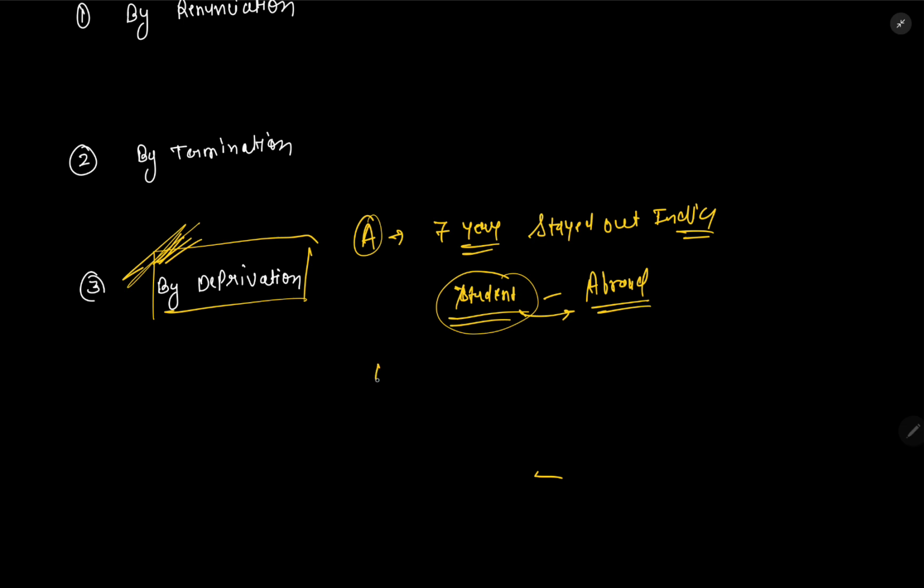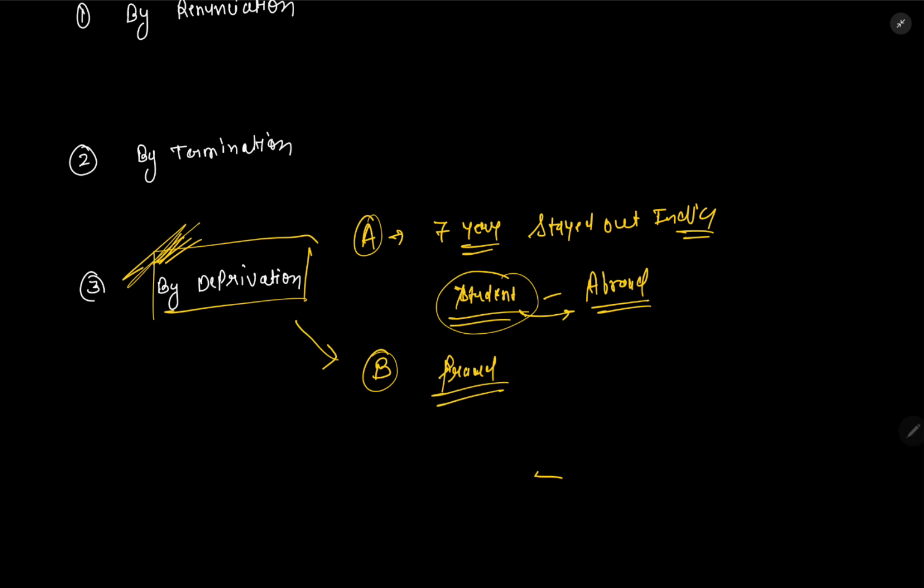Clear? Now there's a point B here: compulsory termination of citizenship, meaning it is compulsorily terminated, maybe on the basis of an order of the central government. Clear? Or on the basis of fraud.